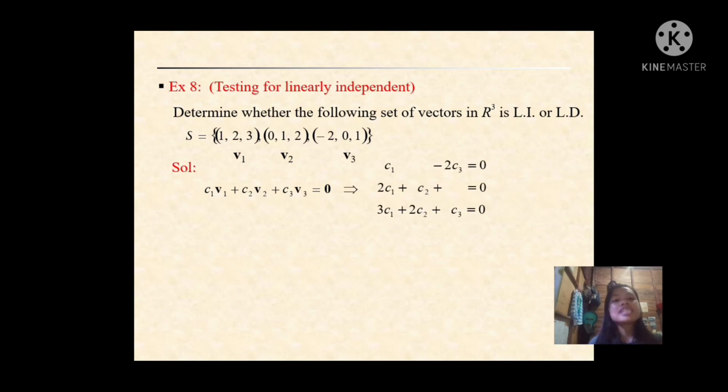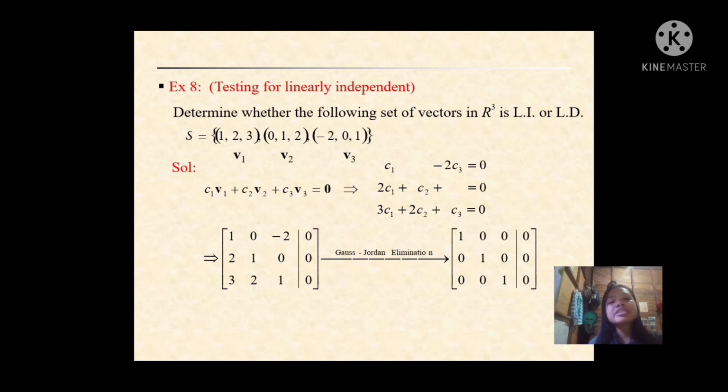Then C sub 1 minus 2 C sub 3 equal to 0. 2C sub 1 plus C sub 2 plus 0, since there is no C sub 3 term, equal to 0. 3C sub 1 plus 2C sub 2 plus C sub 3 equal to 0.